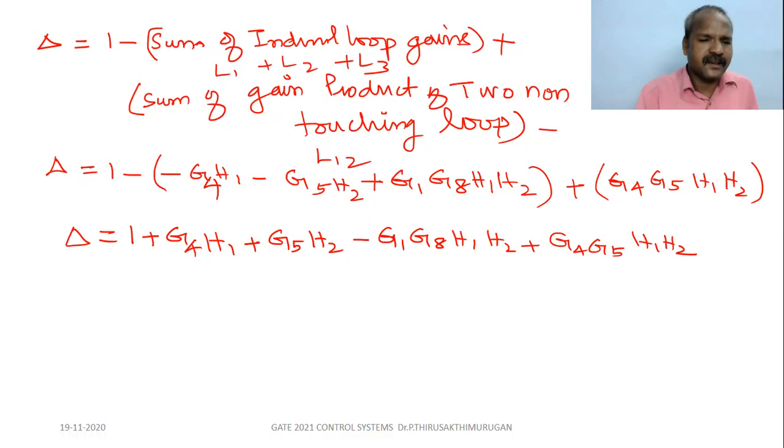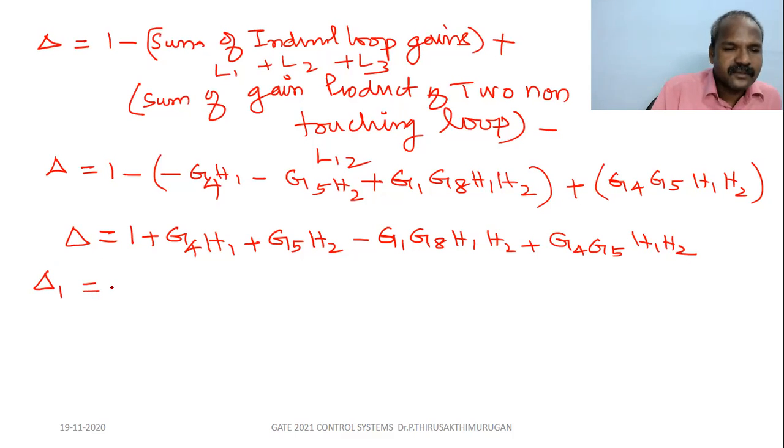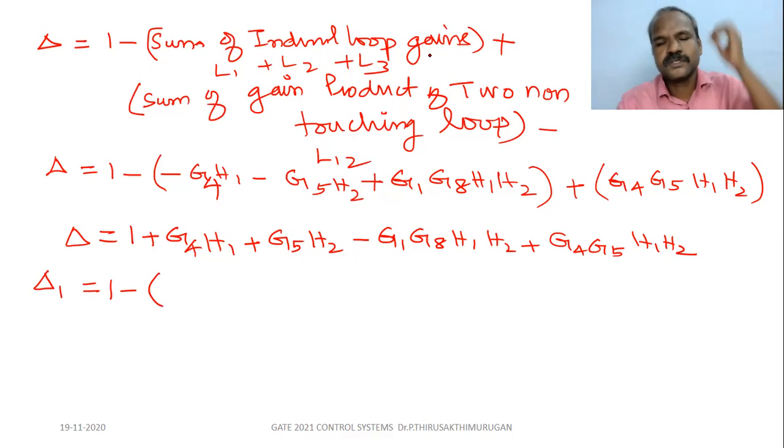According to the expression, we have to find 6 deltas. What is delta 1? Delta 1 is the same formula, 1 minus sum of individual loop gains which are not touching the first forward path.